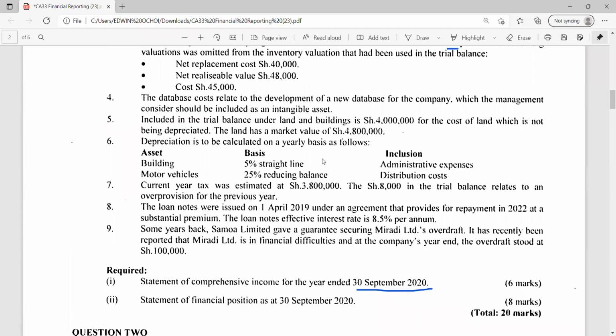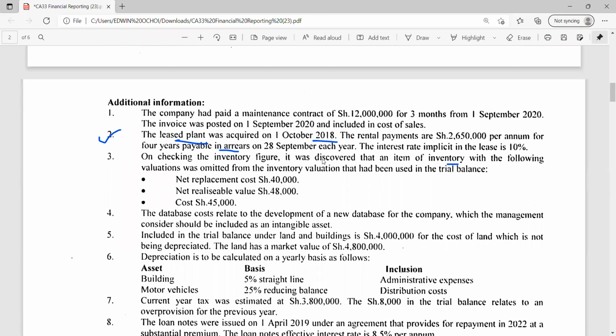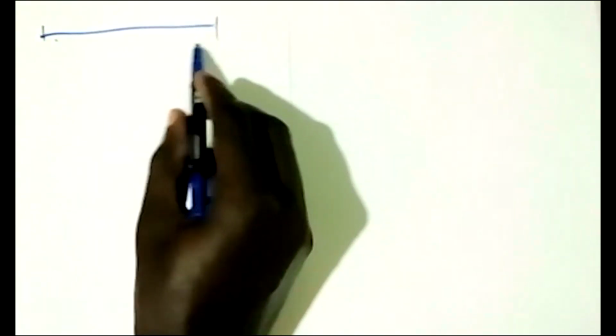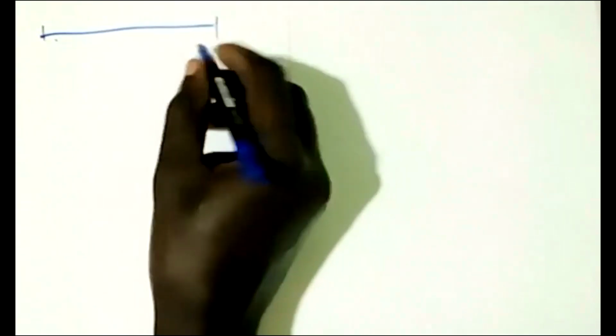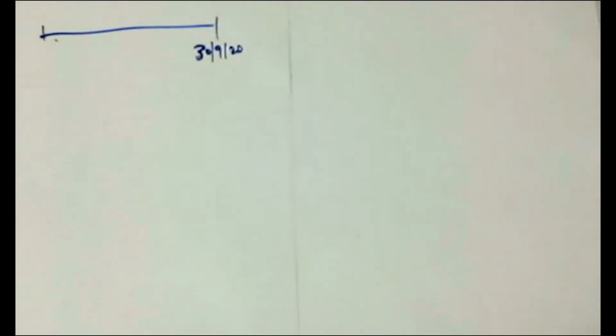So this one, obviously, that amount we have to remove from the cost of sales for the 2 months, because our financial year was ending on September. September ends on 30th.